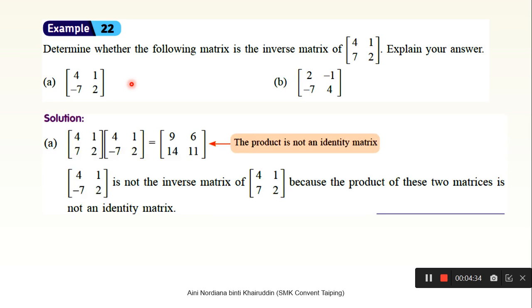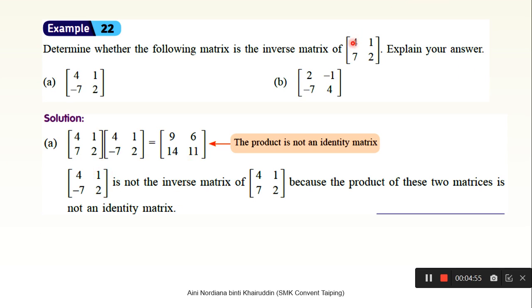So for A, this is the matrix 4 1, 7 2 multiplied with matrix A. We get this. The product is not an identity matrix. We didn't get the identity matrix here.